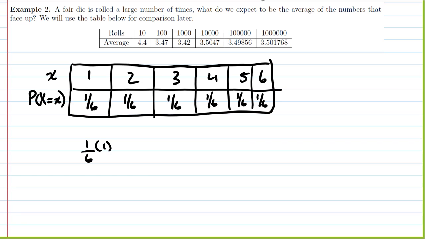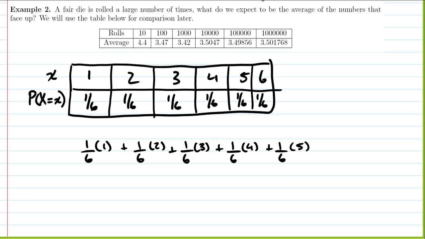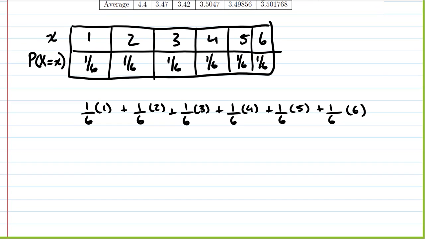So then, if we wanted to find the average value, it would be 1/6 times 1 plus 1/6 times 2 plus 1/6 times 3 plus 1/6 times 4 plus 1/6 times 5 plus 1/6 times 6. We already have a common denominator of 6, so it's going to be 1 plus 2 plus 3 plus 4 plus 5 plus 6 all over 6.